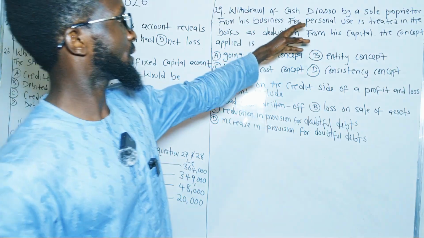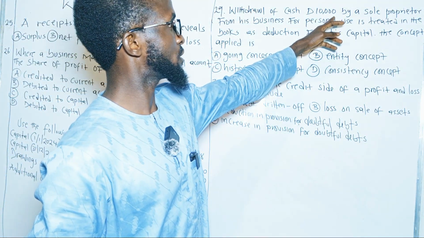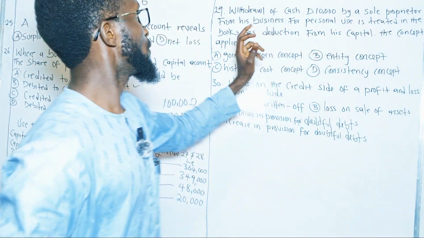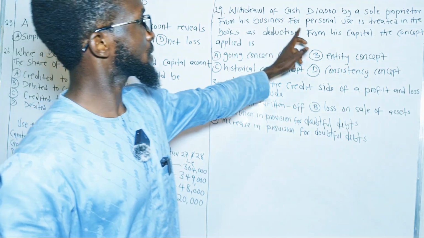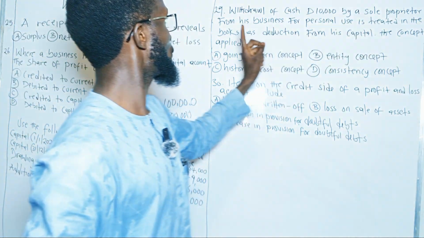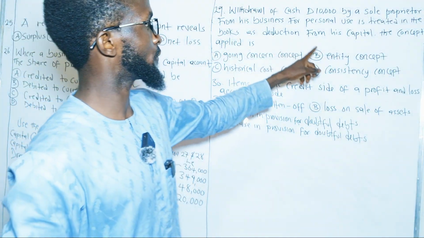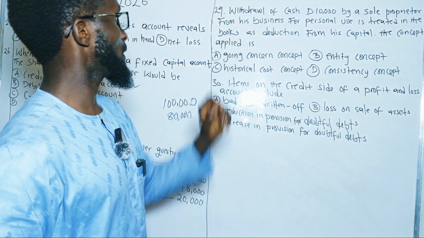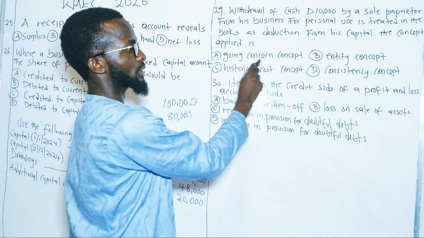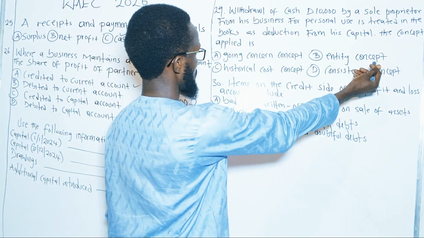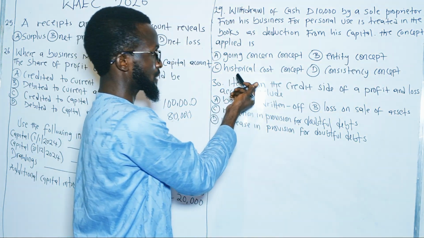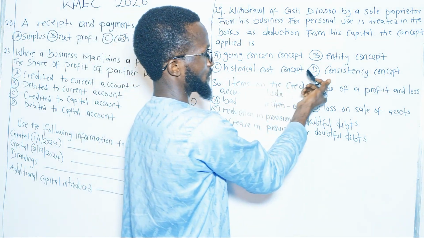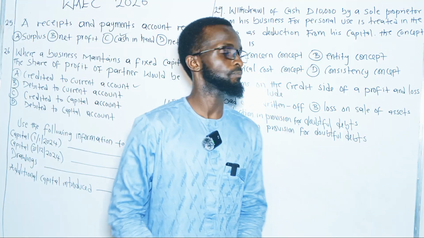Withdrawal of cash $10,000 by a sole proprietor from his business for personal use is treated in the books as deduction from his capital. The concept applied is A, going concern concept, B, entity concept, C, historical cost concept, D, consistency concept.